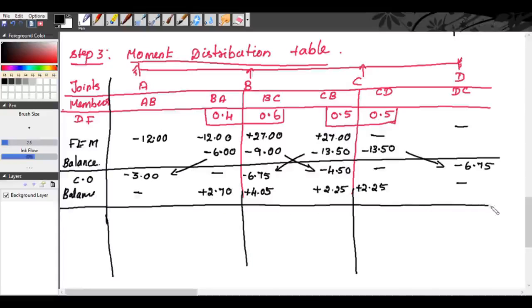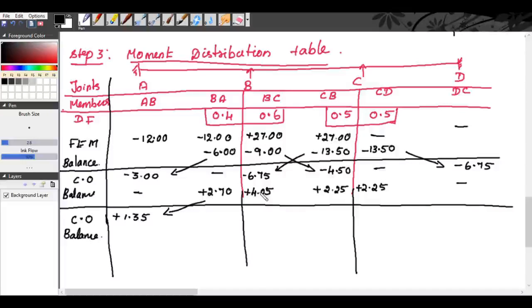Now we will go for carryover moments and then balancing. From fixed support, there is no carryover. In the span AB, only from B it is carried to A. So how much is carried is plus 2.70 divided by 2, so it is plus 1.35.